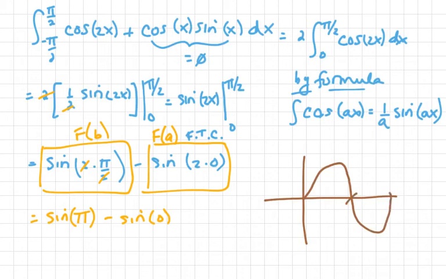At pi, sine of pi is equal to 0, and the sine of 0 is also equal to 0. So the answer here is simply 0. Symmetry helped quite a bit to simplify this, and I think this was a good example for you to differentiate why something's even or odd. And we'll do a little bit of practice in our flip portion of the class.